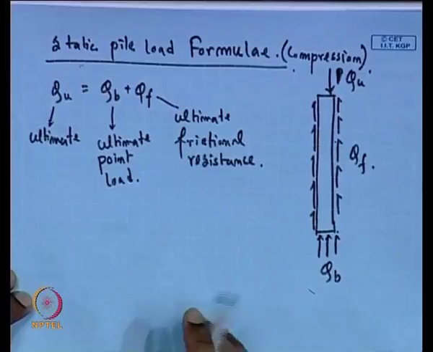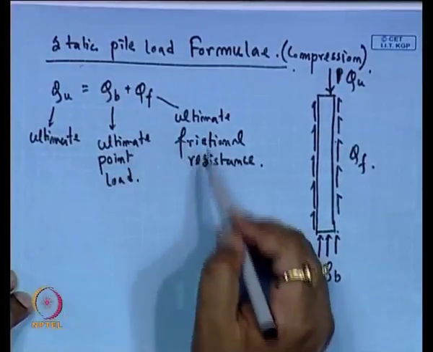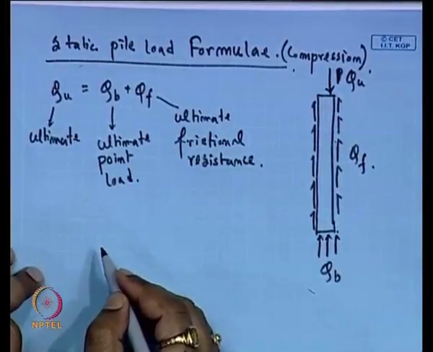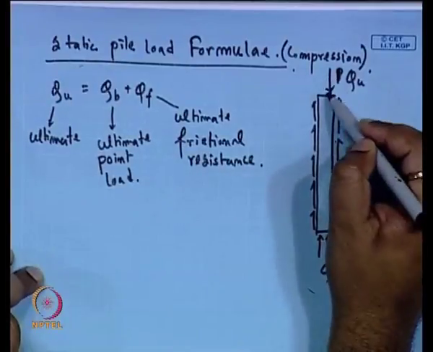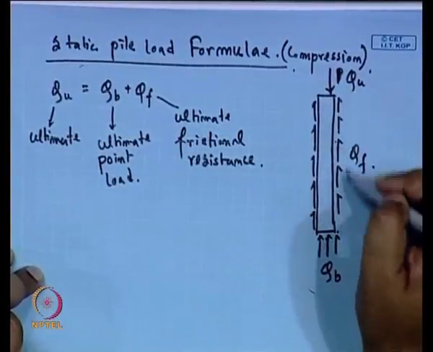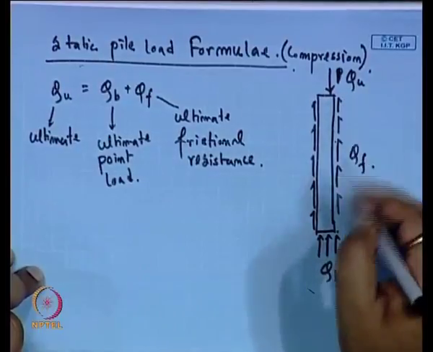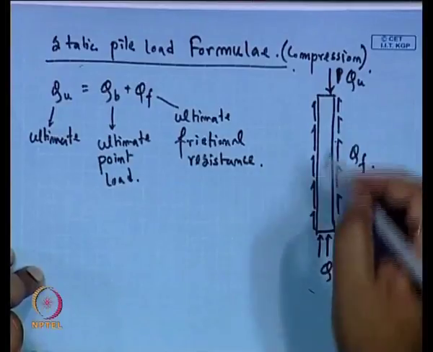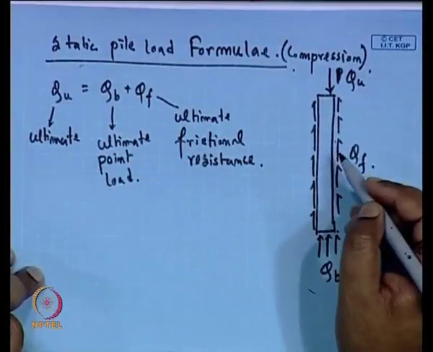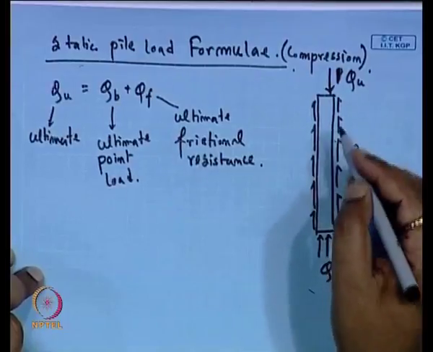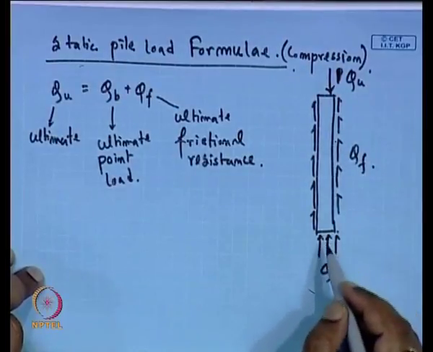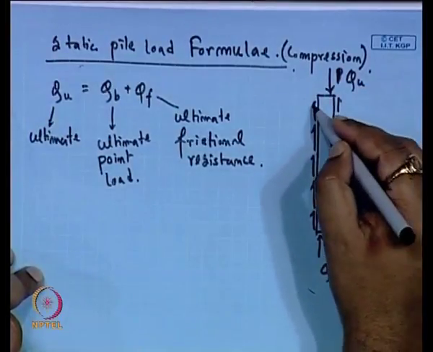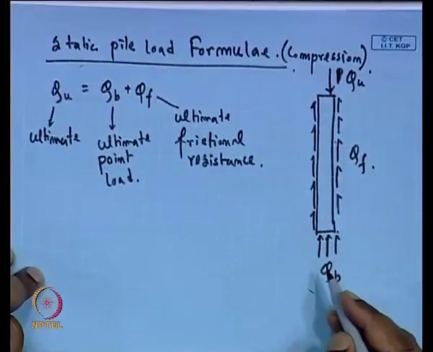So, the total ultimate load is the ultimate point load plus the ultimate frictional resistance. When we apply the load, first the frictional resistance is mobilized and gives the support, and then the end bearing capacity gives the support.